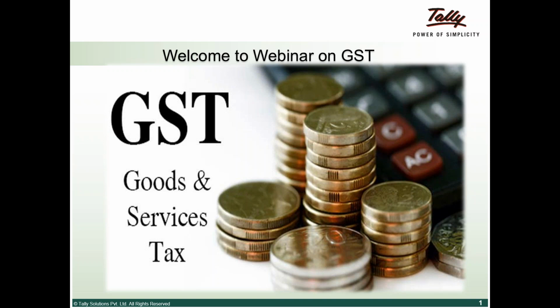Tax on tax, which was VAT on service tax and things of the sort, is out of the picture, making it a pure play indirect tax, where the benefit cascades from one person to the next.